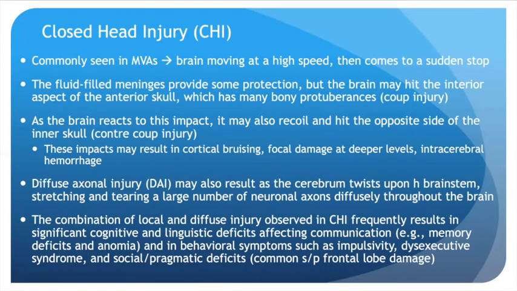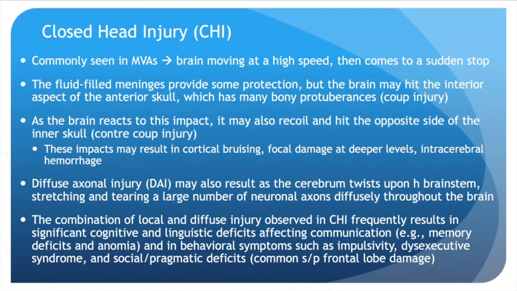So coup, counter coup. These impacts may result in cortical bruising, focal damage at deeper levels, intracerebral hemorrhage, and even diffuse axonal injury. Now, this is when the cerebrum twists upon the brainstem, stretching and tearing a large number of neuronal axons diffusely throughout the brain.